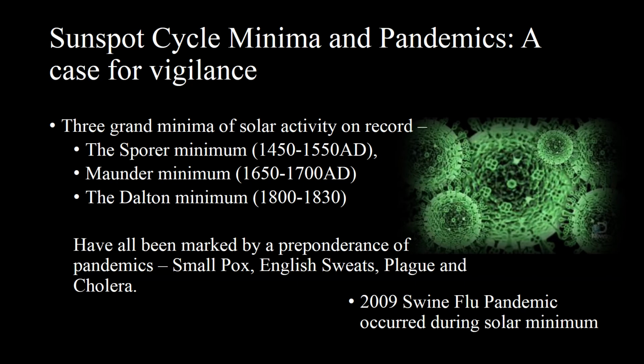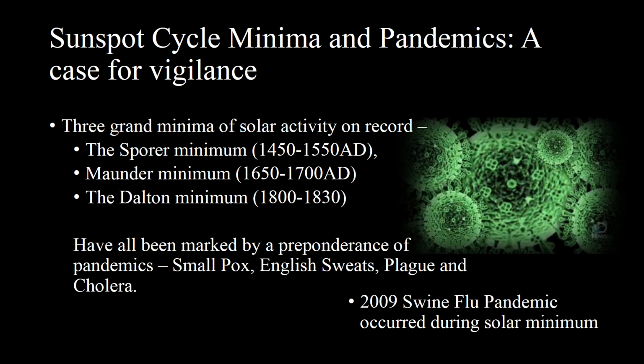Interestingly, I put this presentation together before the coronavirus pandemic, but during the grand solar minimum, every grand solar minimum on record, the Sporer minimum 1450 to 1550, the Maunder minimum 1650 to 1720, the Dalton minimum during the early 1800s, have all been marked by a preponderance of pandemics: smallpox, English sweats, the plague, cholera. During 2009, we had a swine flu pandemic.